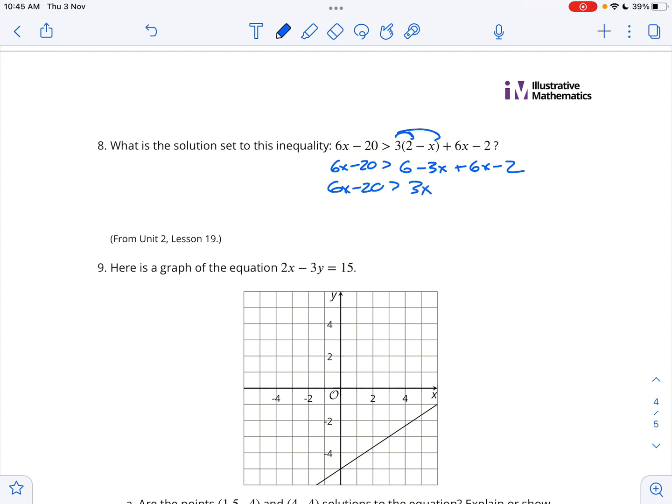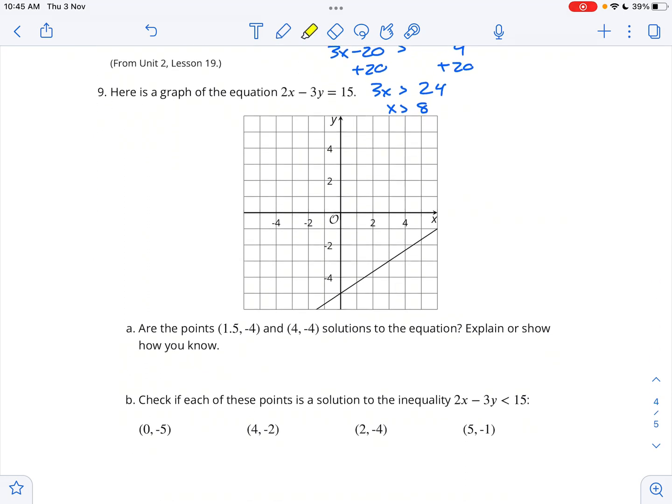Combining my x's gives me 3x. 6 minus 2 is 4. Now I need to get those variables on the same side. And then I need to isolate the x. So that leaves me with 3x is greater than 24, or x is greater than 8. So x is greater than 8 is my solution set.